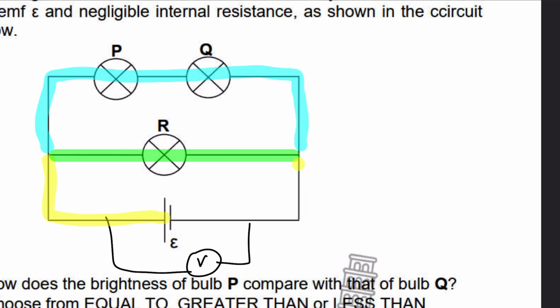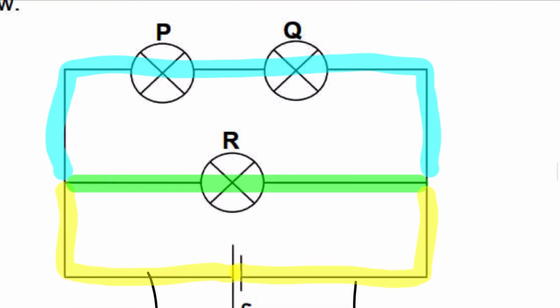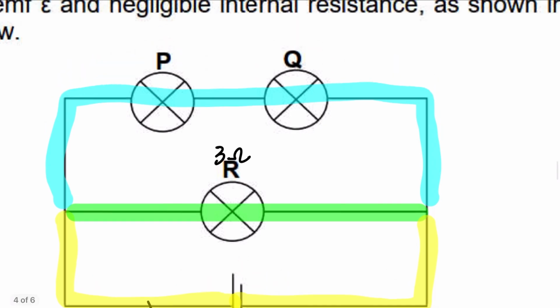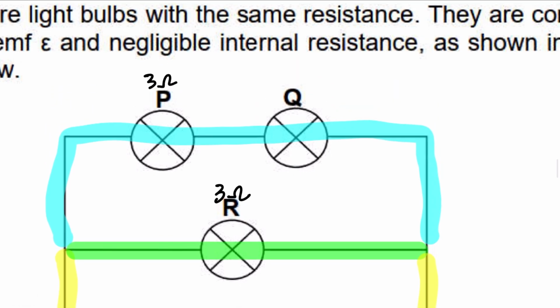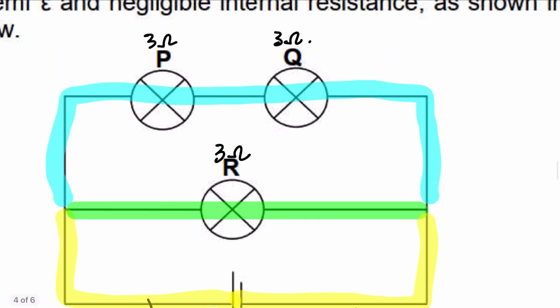And then they will join back up and they will go here. Now, since all the bulbs are the same, let's assume that this is 3 ohms, then that might be 3 ohms, then that might be 3 ohms, right?